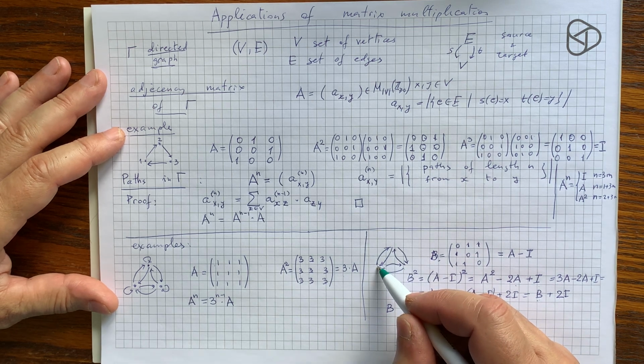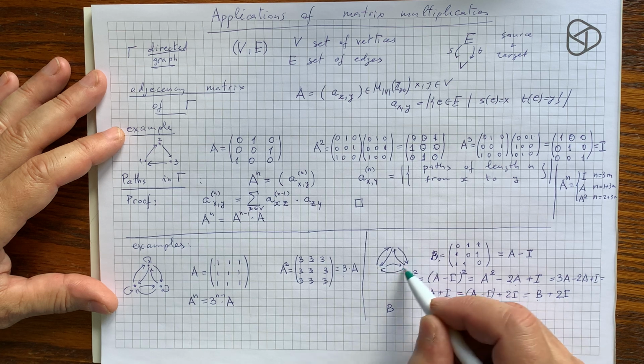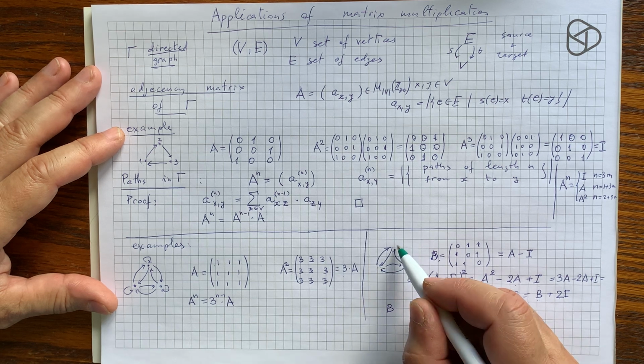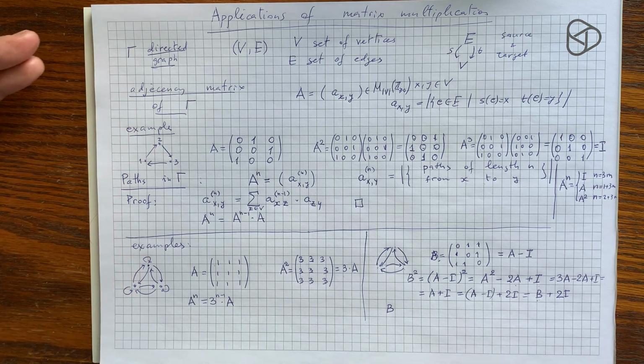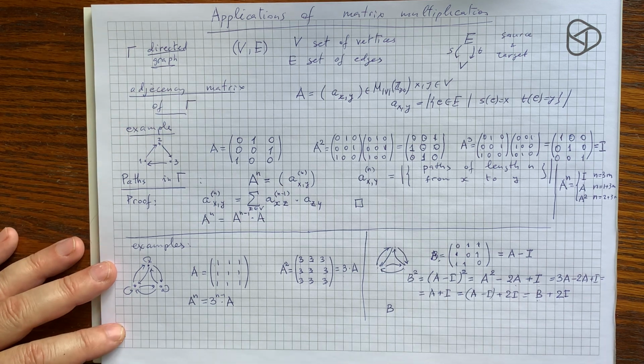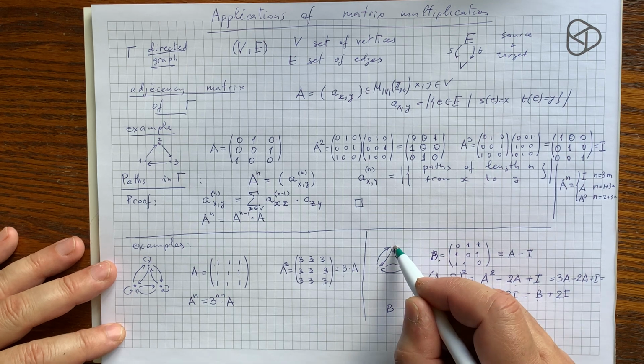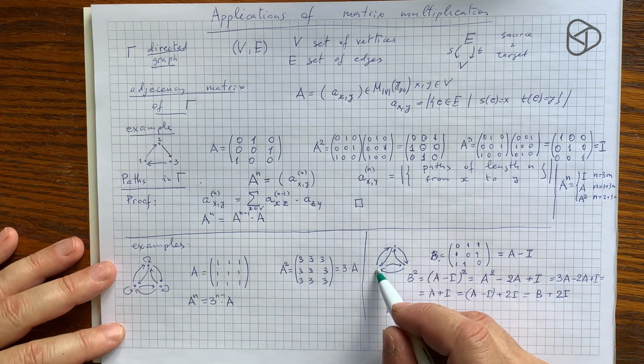And it is easy to see, because if we start at this vertex and look at the paths of length 2 which end at this vertex, we have this and we have this. But if we go to that, from 1 to 2, we have only one path, which is going this way and then going this way.